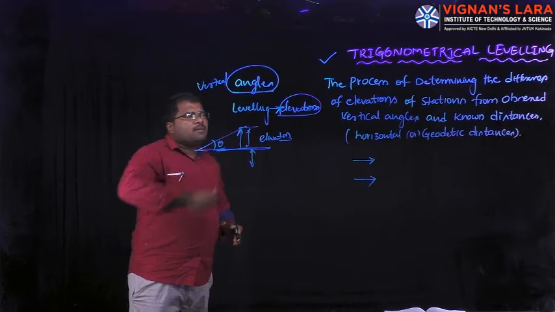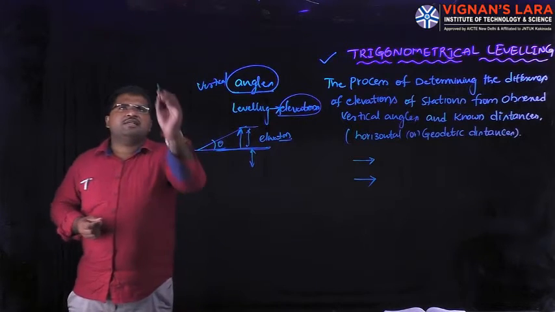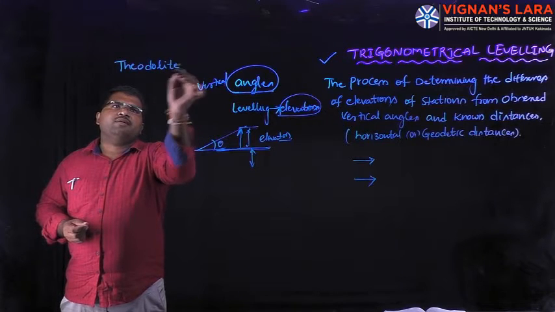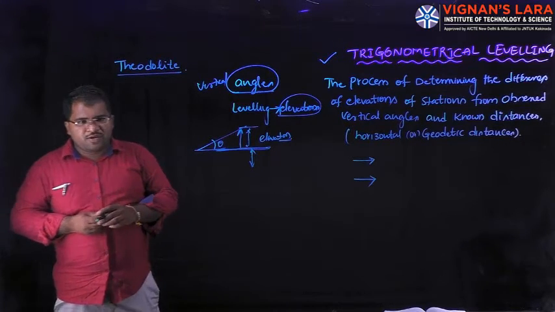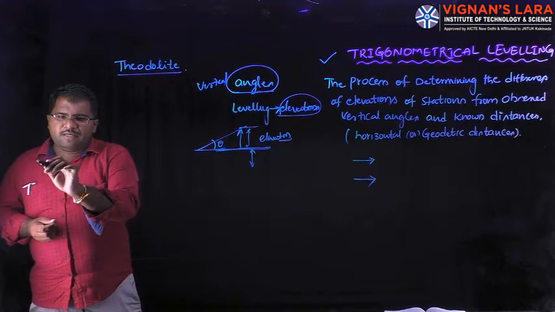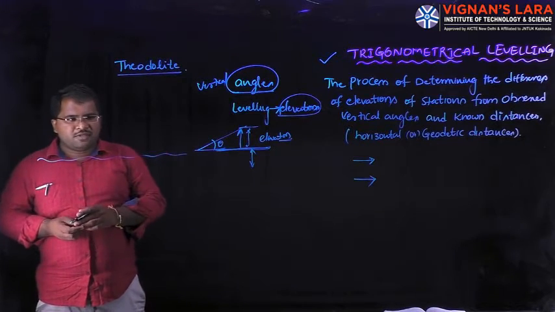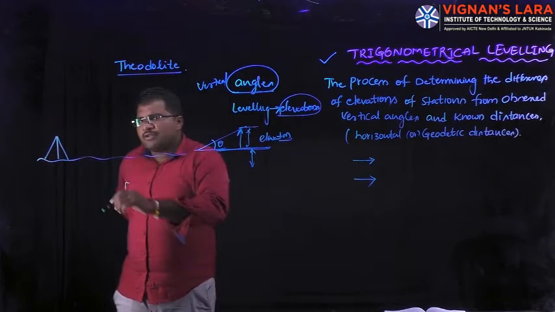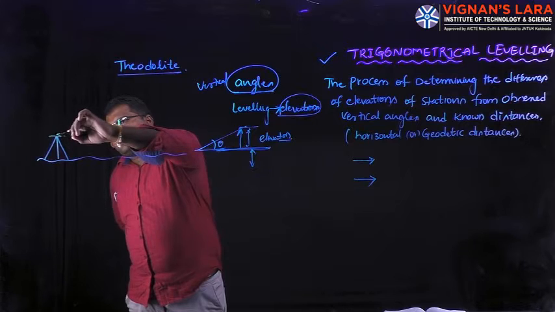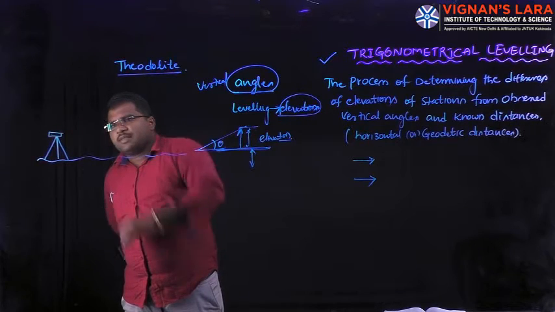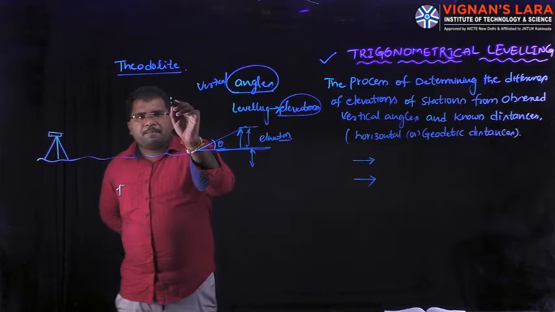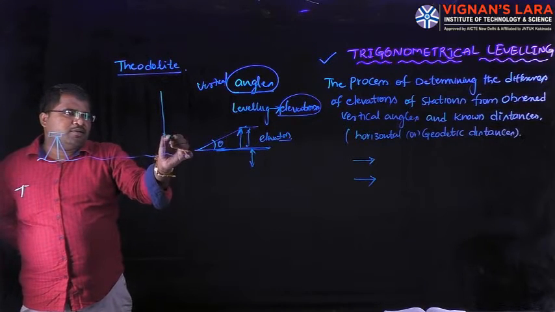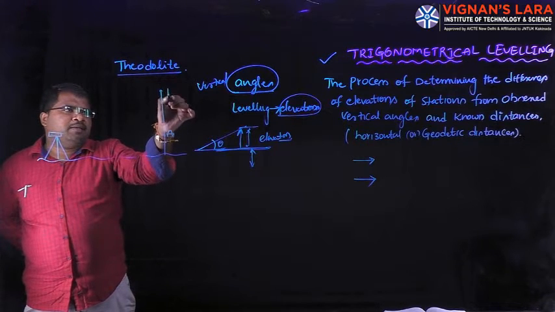For trigonometrical leveling, we are going to use the same instrument, the theodolite. If this is the ground surface, we are going to set up the instrument here. This is the telescope, and I want to know the level difference between point A here and point B here.